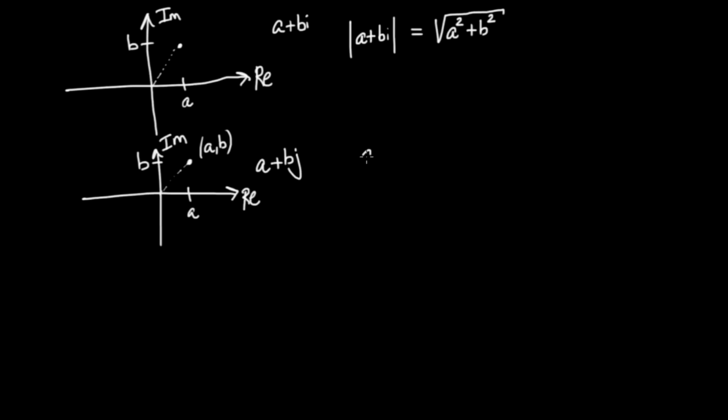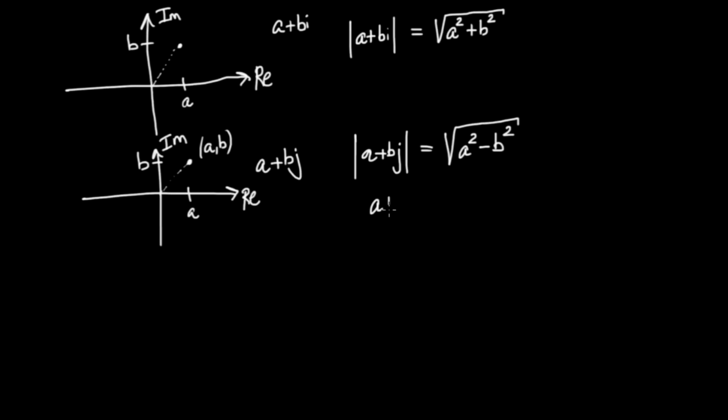But in the split complex numbers, we're going to talk about a slightly different definition of magnitude. And the way I'm going to define magnitude for the split complex numbers is going to be the square root of not a squared plus b squared, but a squared minus b squared.